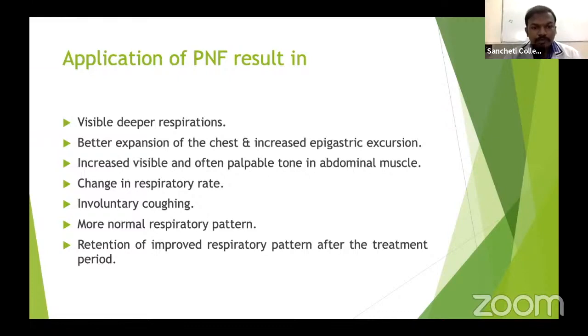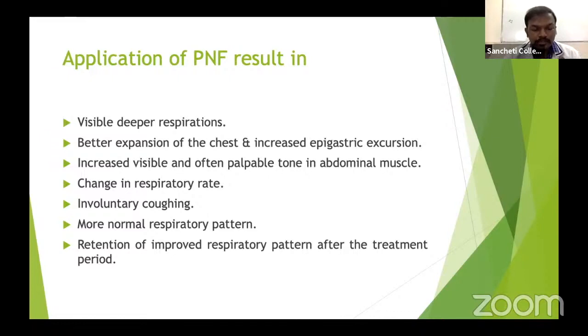If the respiratory rate is higher in some patients, then this technique will help to reduce it. Also, the patient may involuntarily cough after the chest PNF is given. This technique will help in normalizing the respiratory pattern.